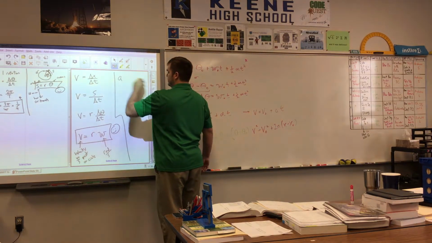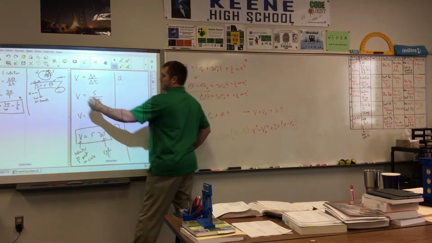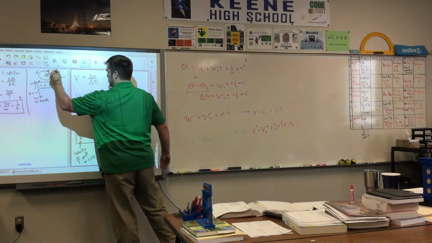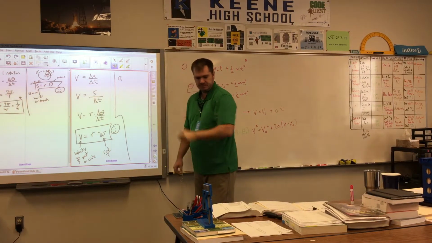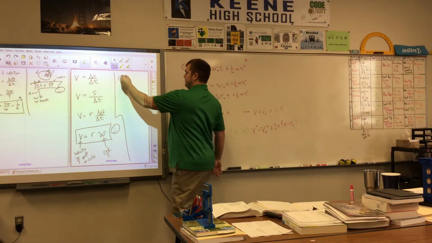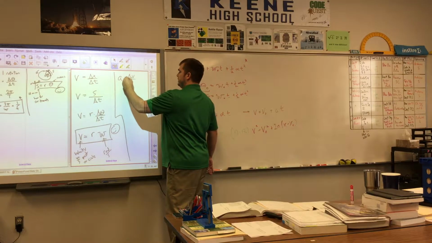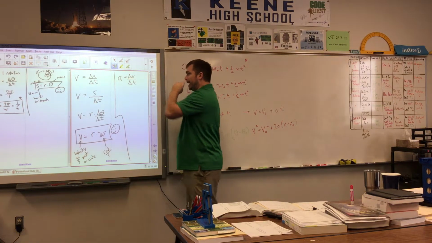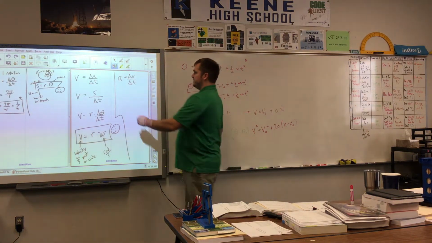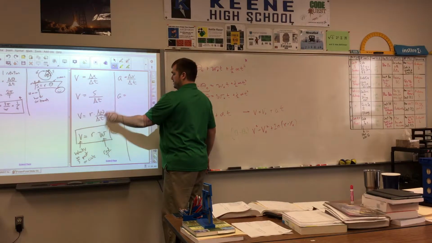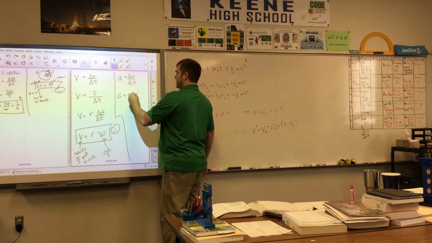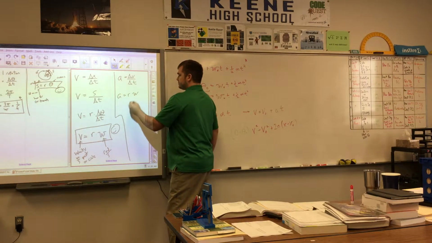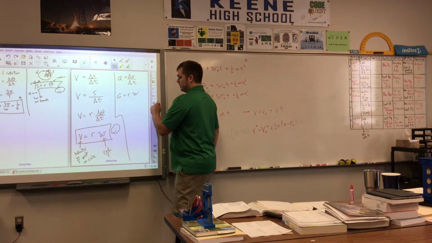Now the acceleration of that particle. As it's moving around, it's accelerating. That's delta v over delta t. The velocity, we saw, was r omega.